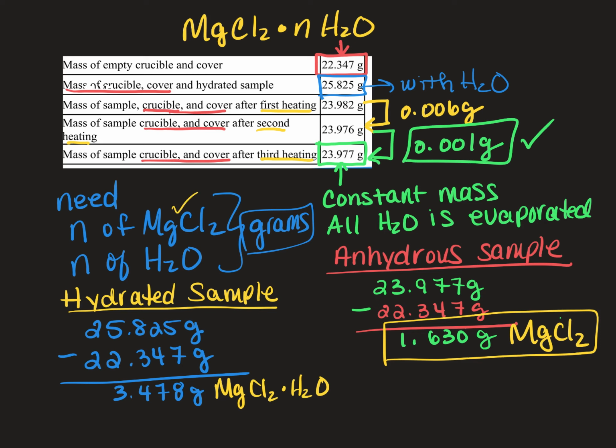So now we need the mass of the H2O. Well, if we look at this mass here and we subtract this mass here, the difference is going to be the water.